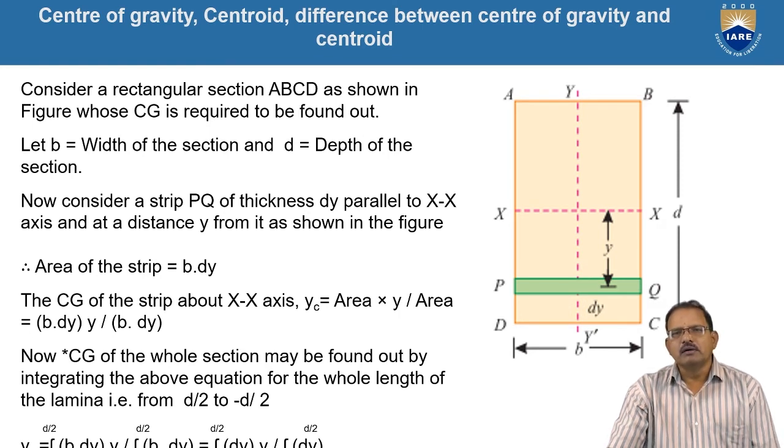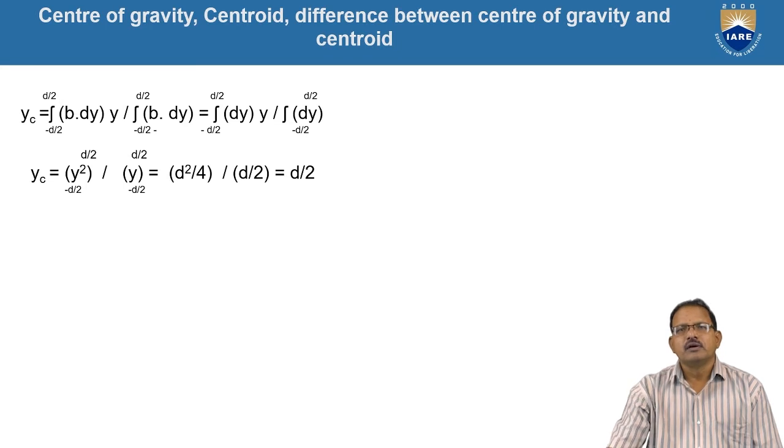Now, according to the method of moments, the position of the centroid is given by yc, which is equal to integration of y dA divided by integration of dA, and that integration should be done within the limits minus d by 2 to d by 2.